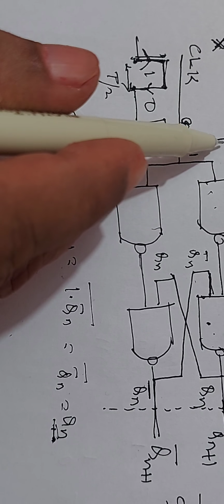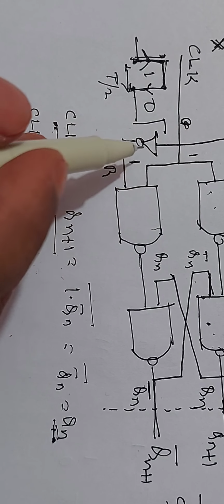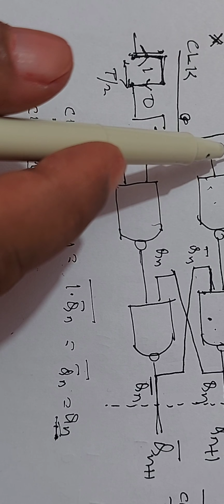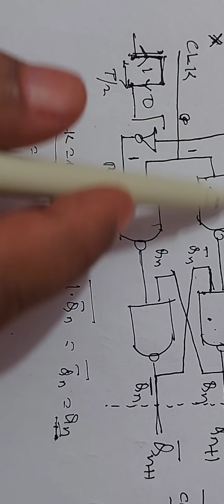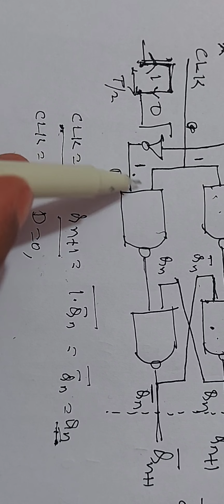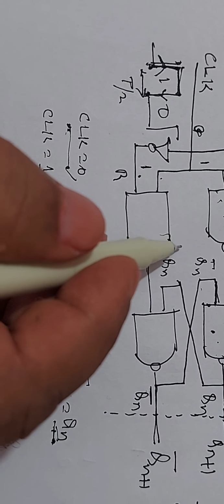Since this input will become 1 because the 0 complementary is 1. See, if any one of the input is 0, the NAND gate output is 1. Here this is 1 and clock is also 1. 1 into 1, 1, complementary is 0.